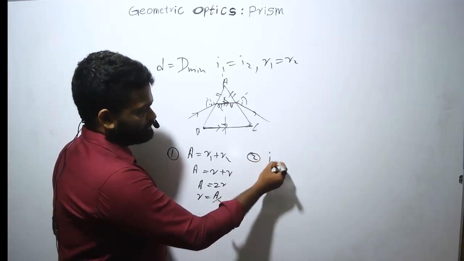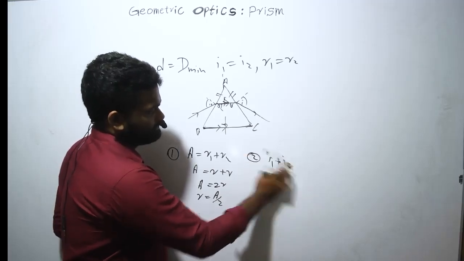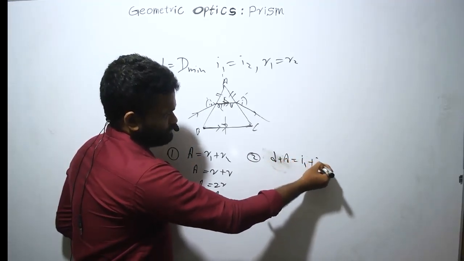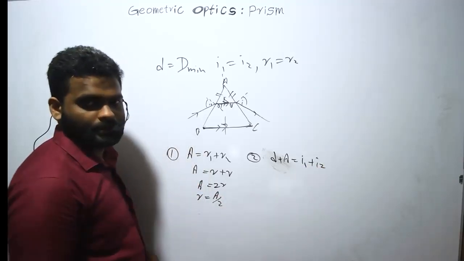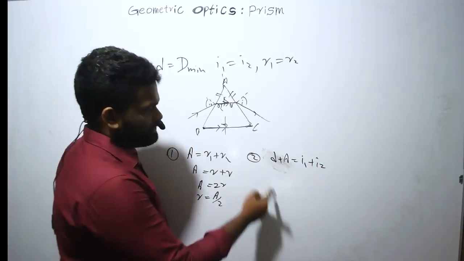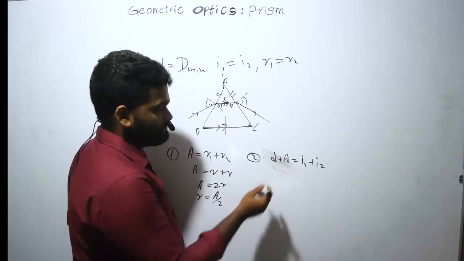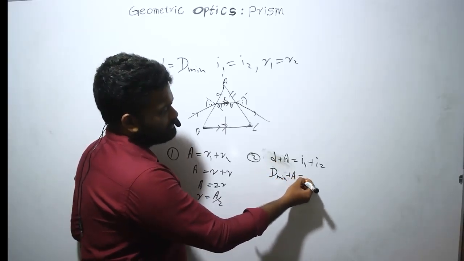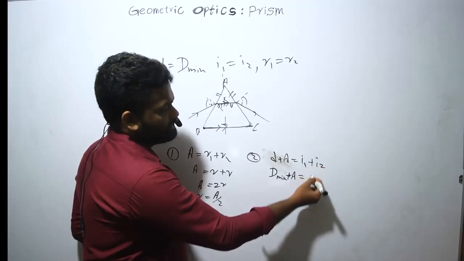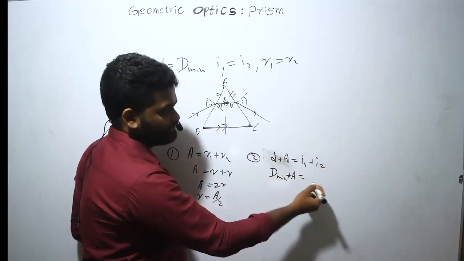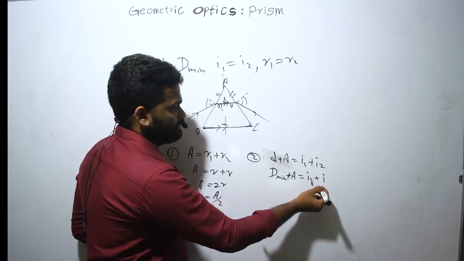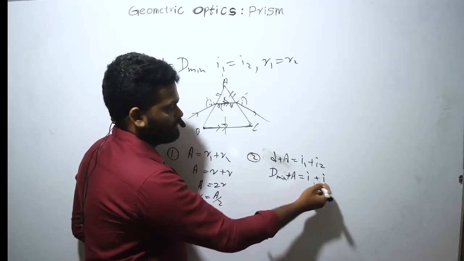Then what is the other one? I1 plus I2. Okay, another equation. When it comes to the minimum angle, D is D min, right? So when it is D min, we know that I1 and I2 are equal to I. I plus I, this is 2I.